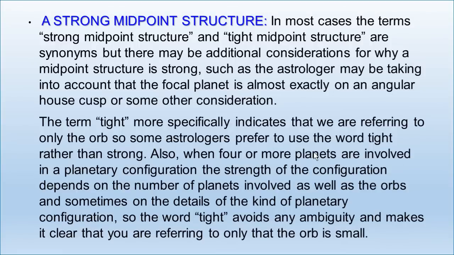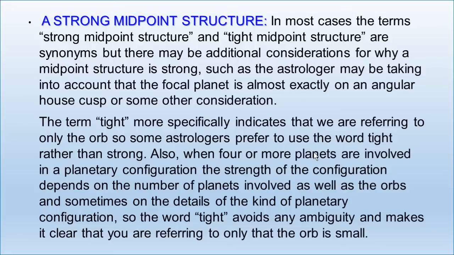Now you'll hear the term strong midpoint structure. Strong midpoint structure is not quite as specific and clear as tight midpoint structure. Tight means the orb is small. Strong usually means the same thing as tight, usually a small orb. So if you say he has a strong Sun square Mars, it means the orb is small.